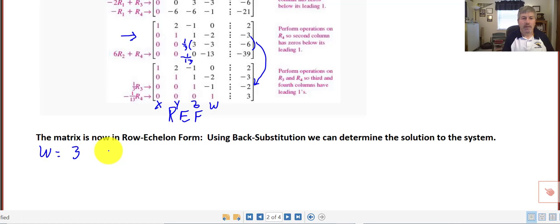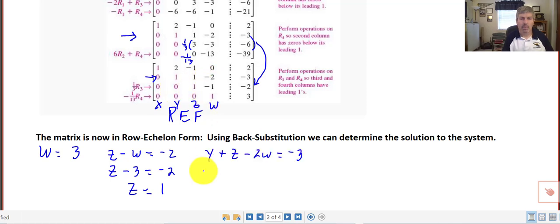Then using back substitution, z minus w equals -2, or z minus 3 equals -2. So z is equal to 1. In our next row, we see that y plus z minus 2w equals -3. And z is 1.